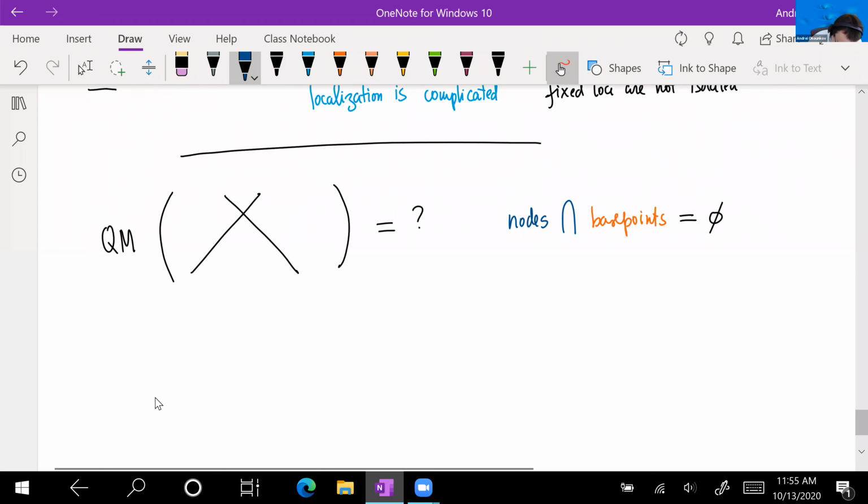So if I have my curve, and I have nodes, sorry, base points, what would happen if base points try to approach a node?